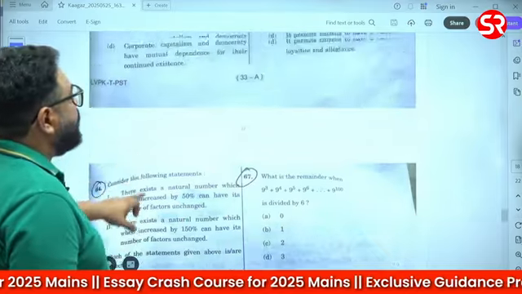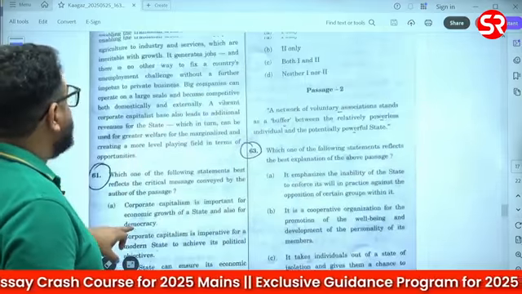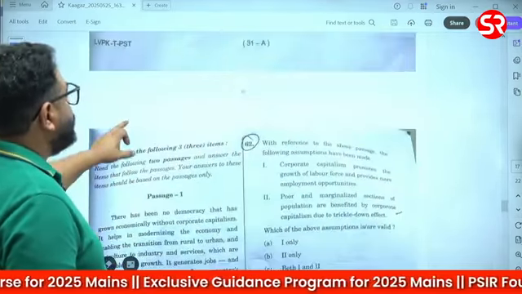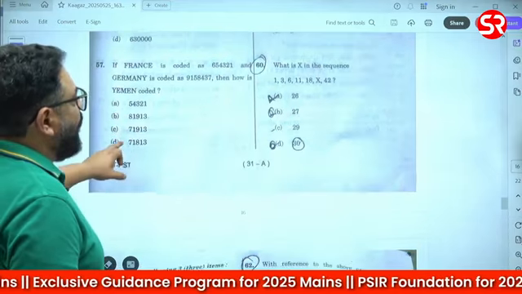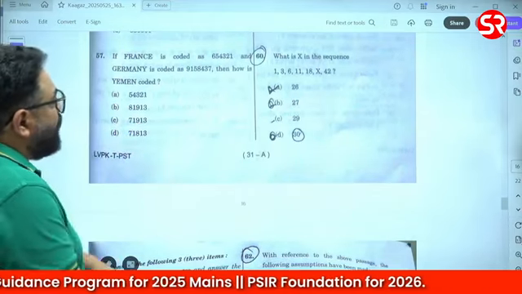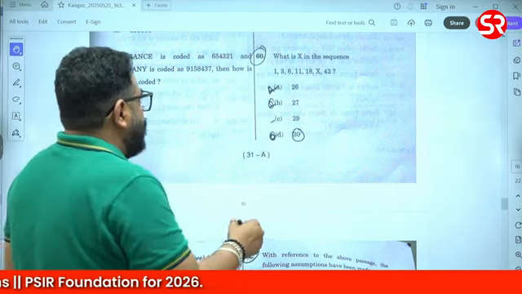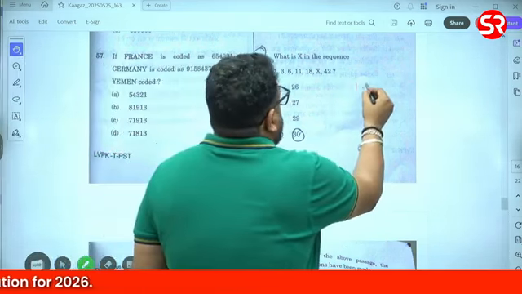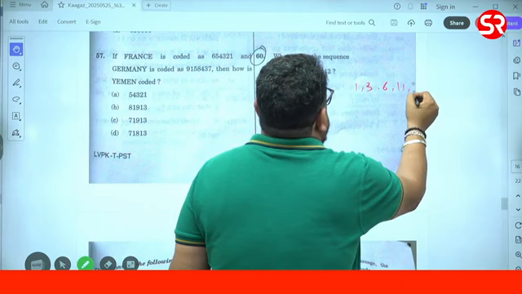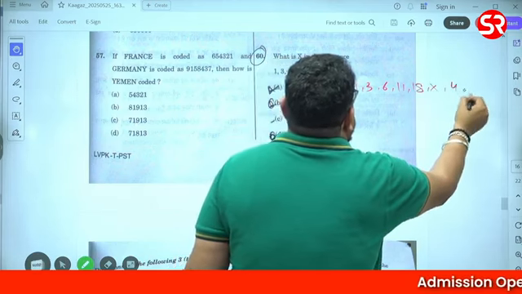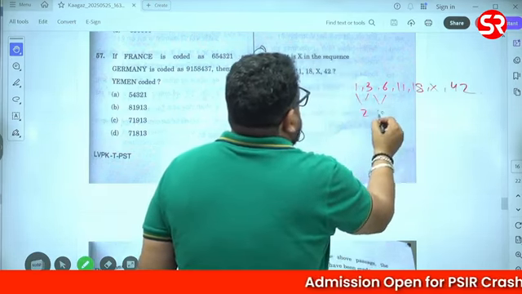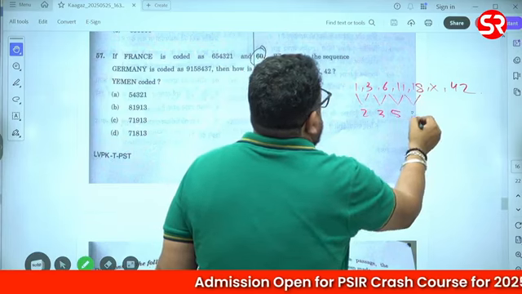नेक्स्ट देखा जाए. This is again something that any one of you should have done. These were easy. 1, 3, 6, x, 42. Difference of 2, difference of 3, 5.